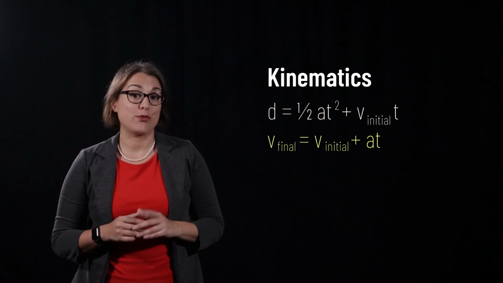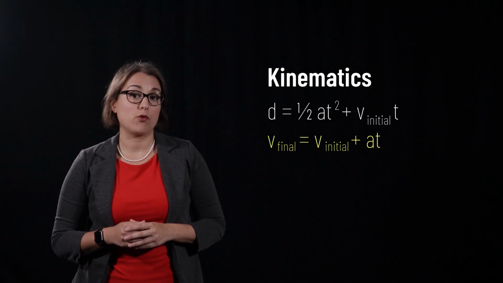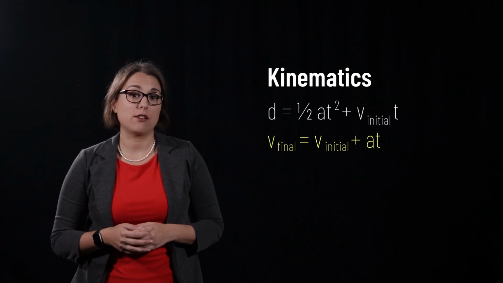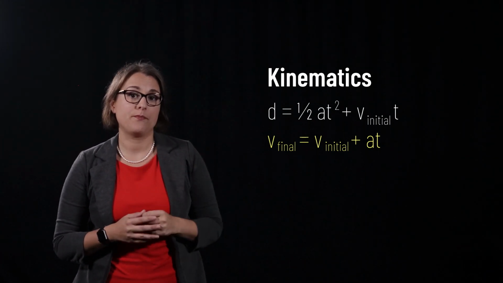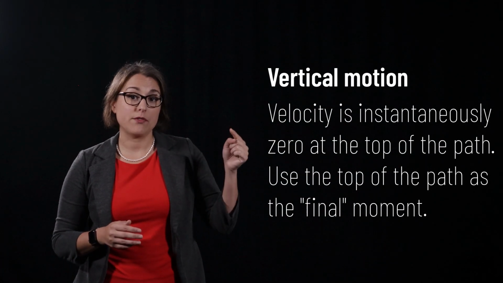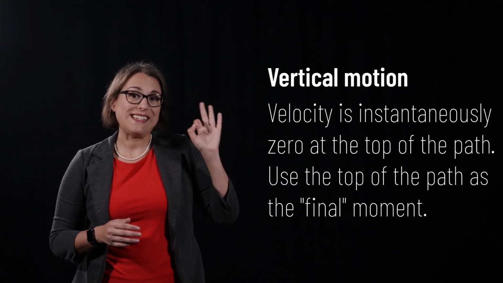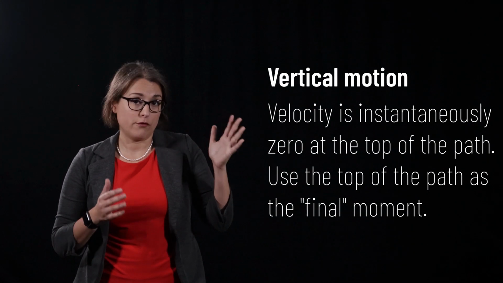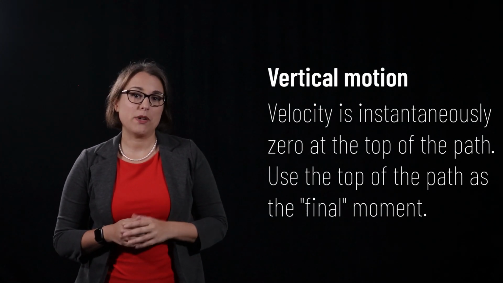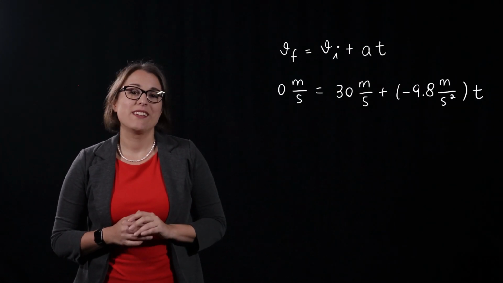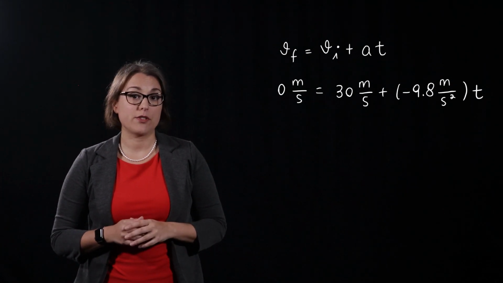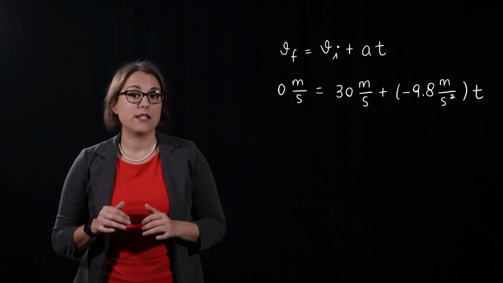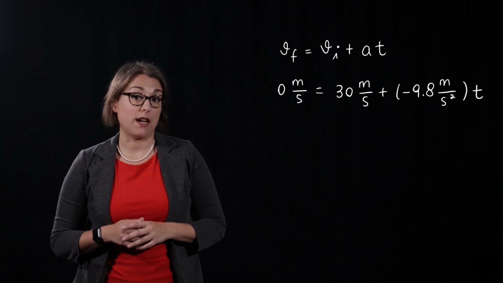However, we can use the velocity equation to solve for the amount of time it takes the projectile to reach the top of its motion. We know that at the top of its motion, the projectile will instantaneously have 0 vertical velocity. Now we can plug in some more numbers. 0 equals 30 meters per second plus negative 9.8 meters per second squared times time.